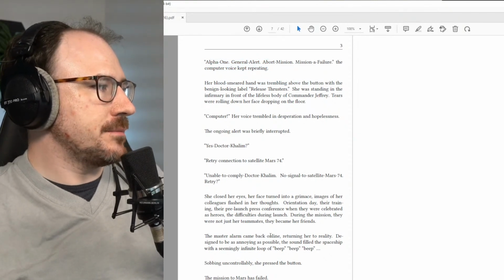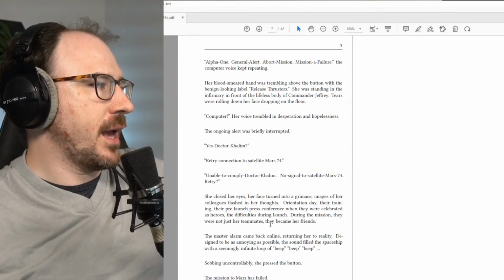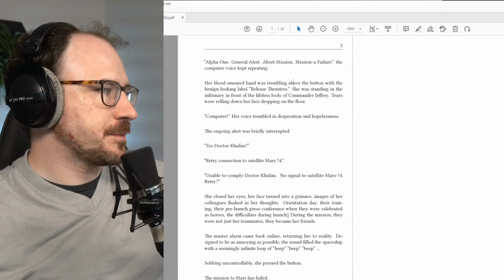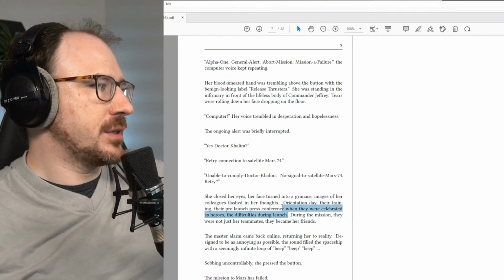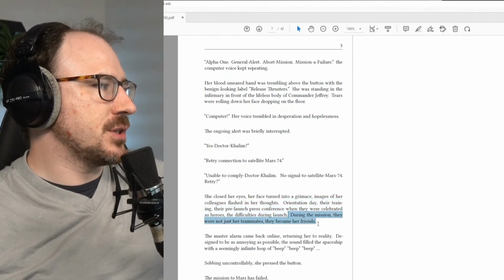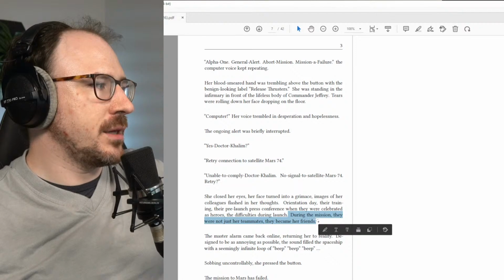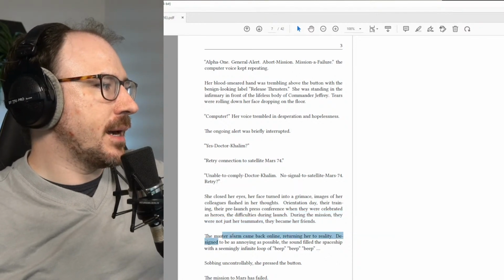She remembered that they had difficulties during launch, and they underwent training, and that the crew basically became her friends.